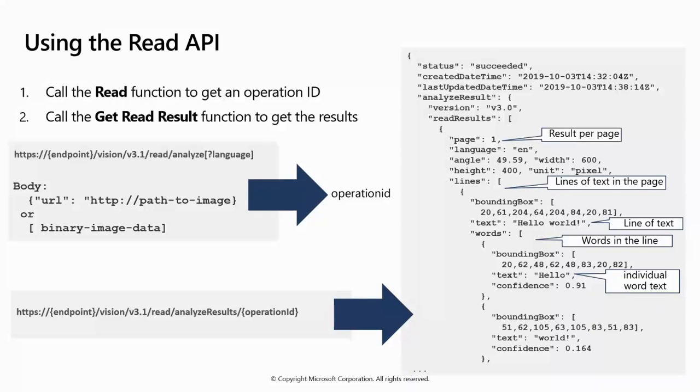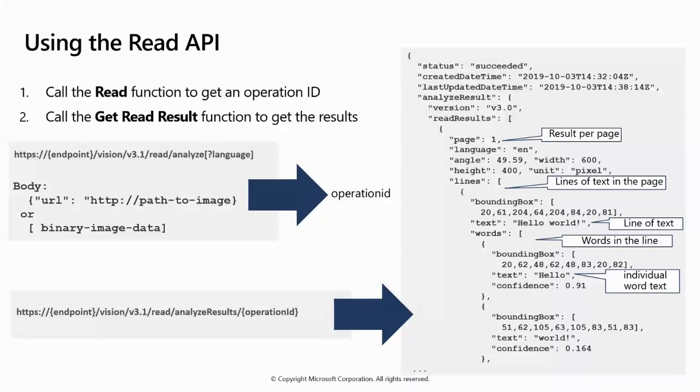Now, the Read function gives you an operation ID that you can use with the Get Read Results function to get more information about the text that was read. Depending on how much text there is, you may need to use the Get Read Results function more than once to finish the job.